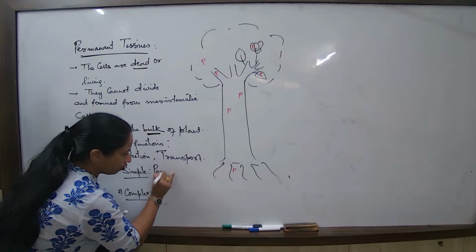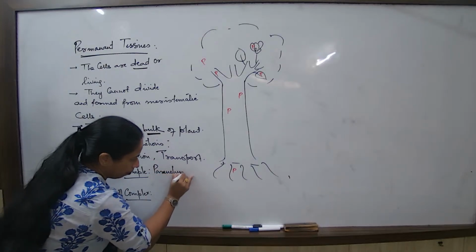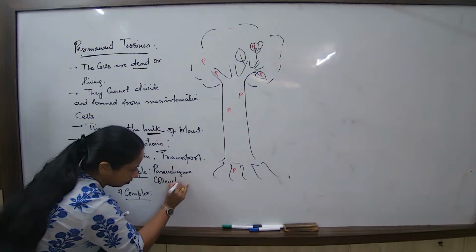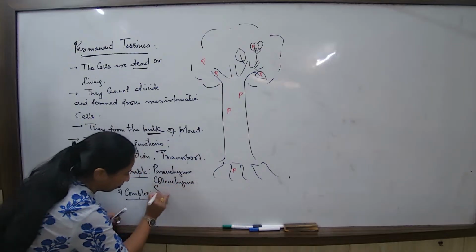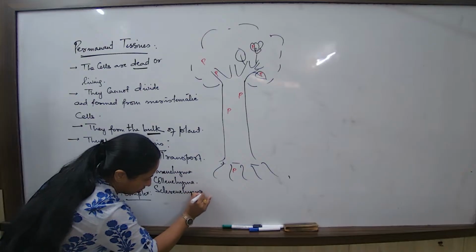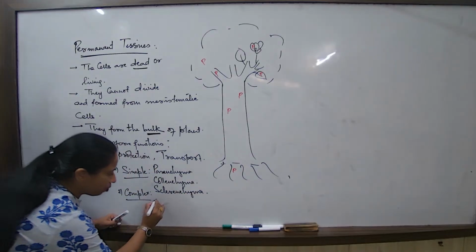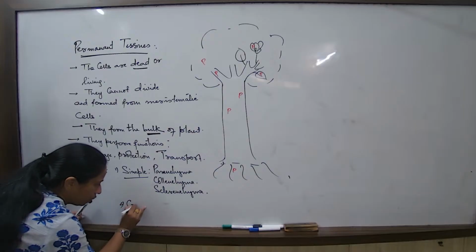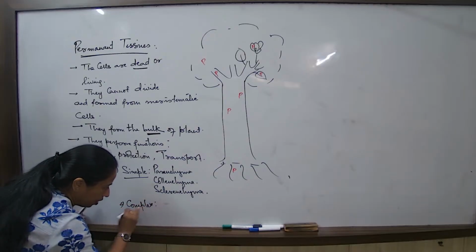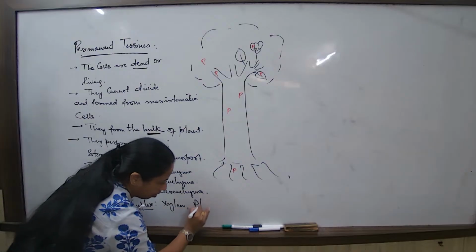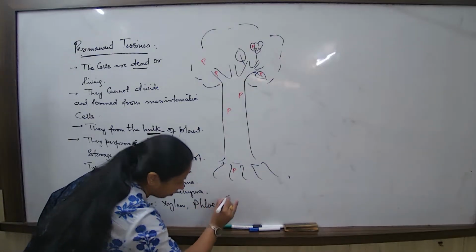Three types: parenchyma, collenchyma, and sclerenchyma. What about the complex permanent? There are two types of complex permanent tissues, the xylem and the phloem.